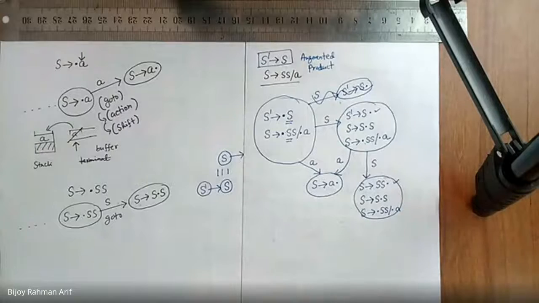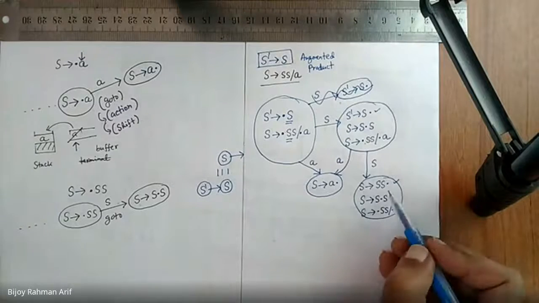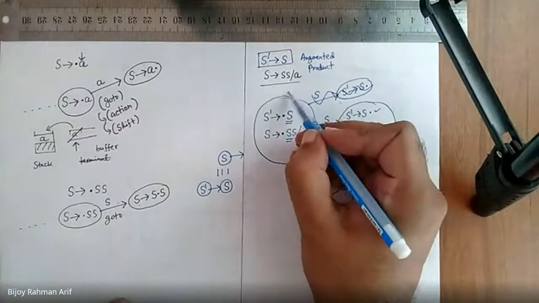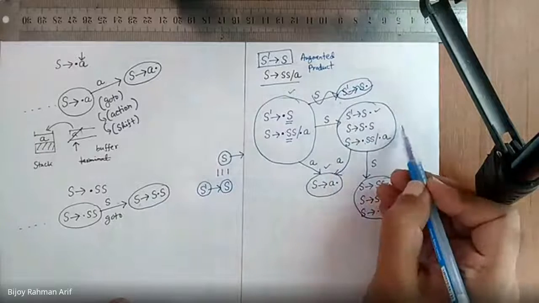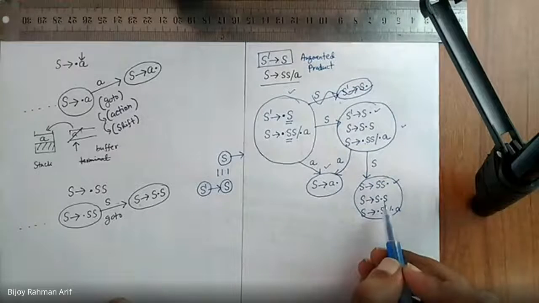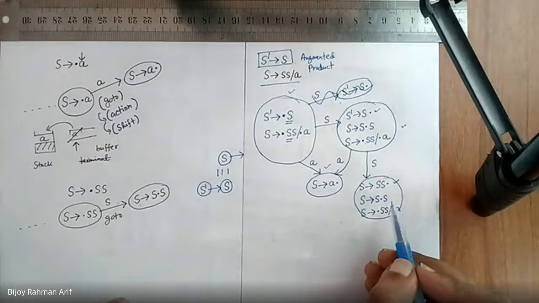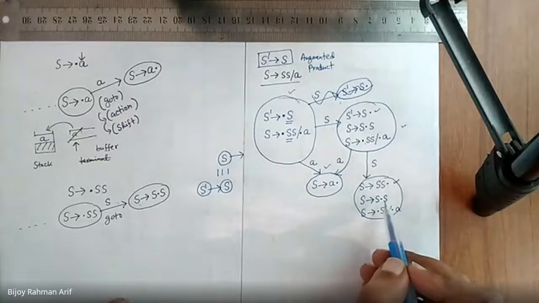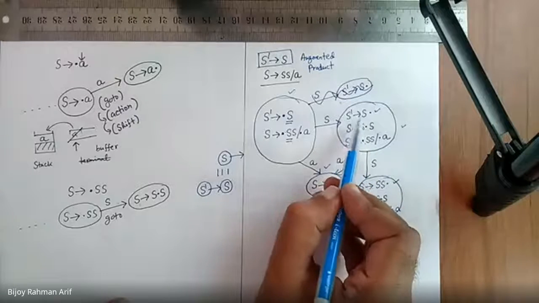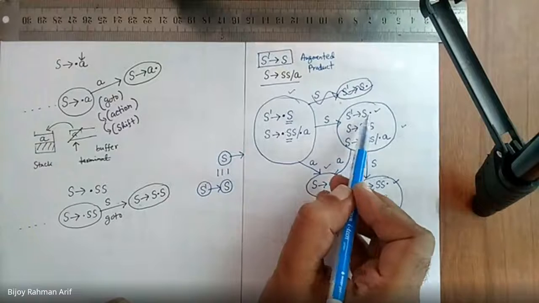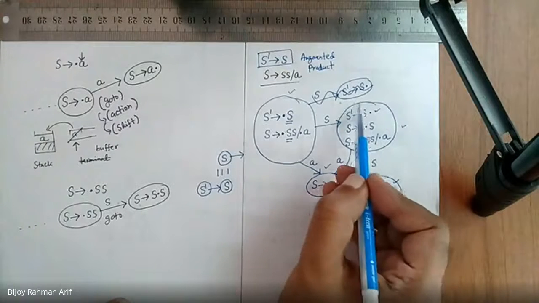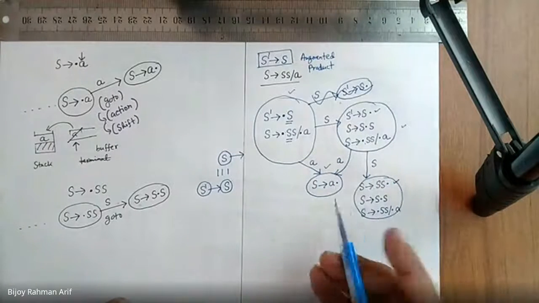All right. Now it is done. Now here if I move on S, what do I get? SS closure. Not this one, because it has one extra product. S dash derives S. These two are the same, but because of this product, it should not be the same.